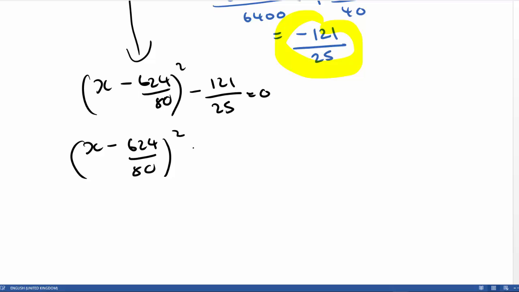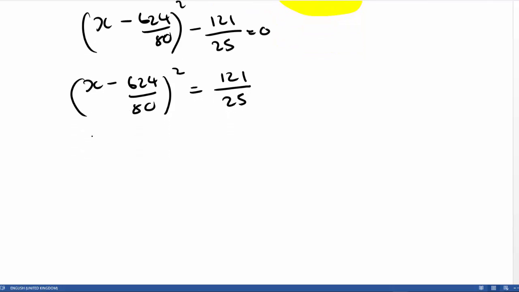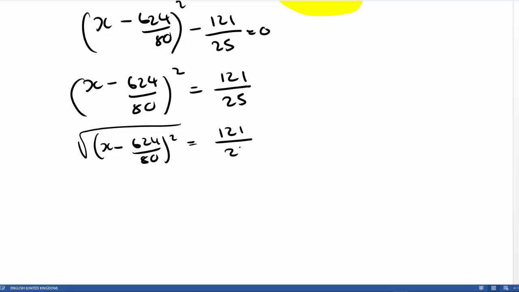That will make it a positive. So now it's just 121 over 25. Okay? Let's take the square root of both sides now. All right? That will release the brackets from the left-hand side of the equal sign here. Okay, I know it's a bit long, but that's just how we do it here.